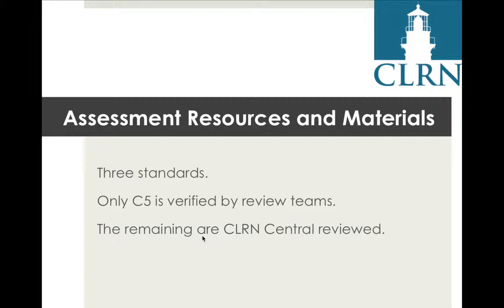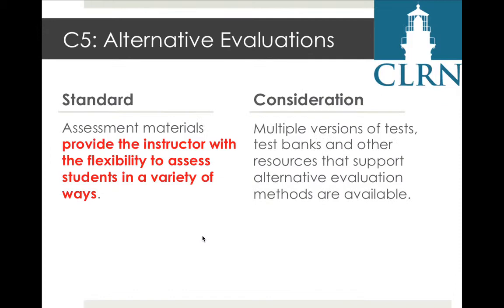The next strand, Assessment Resources and Materials, has three standards, one of which is vetted by CLearn reviewers. The remainder are verified by CLearn Central. Standard C5, Alternative Evaluations, addresses whether instructors have access to additional assessment materials.